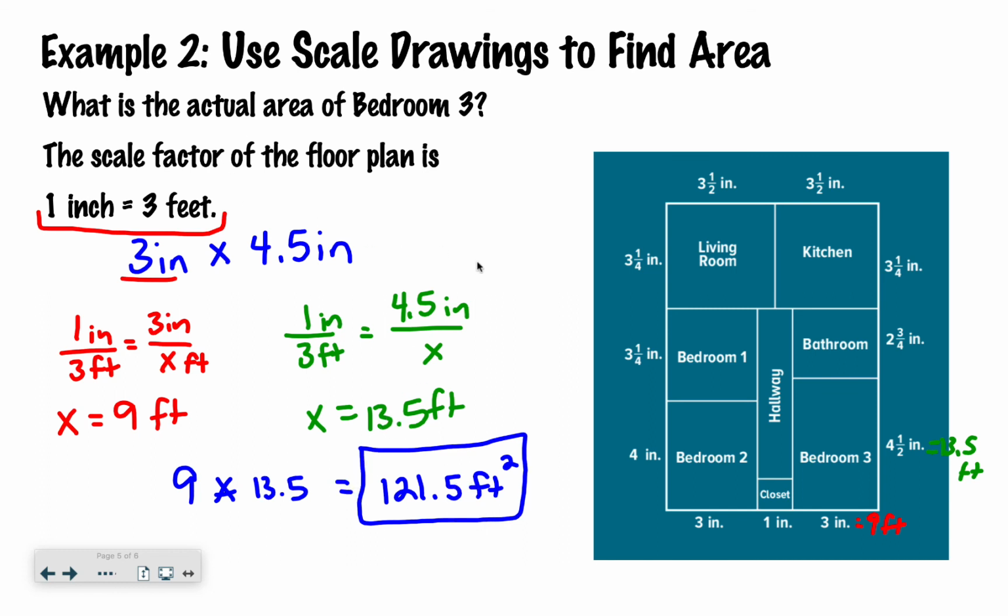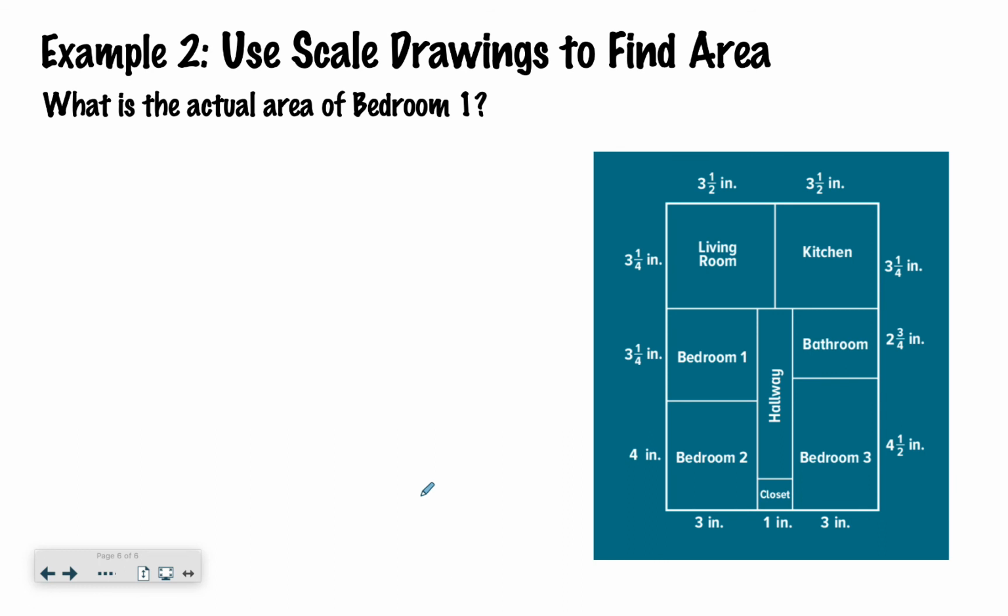So what I did was convert each of the measurements, and then I multiplied those new converted measurements to get my area. Now why don't you go ahead and try finding the actual area of bedroom 1. We still know that 1 inch equals 3 feet. Bedroom 1 is located right here.